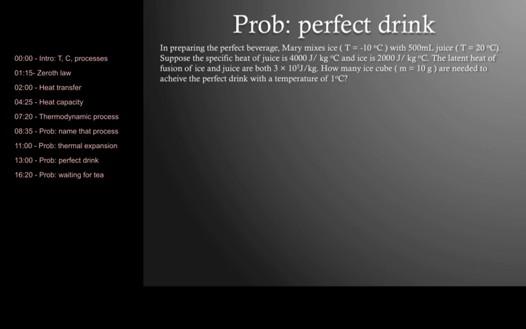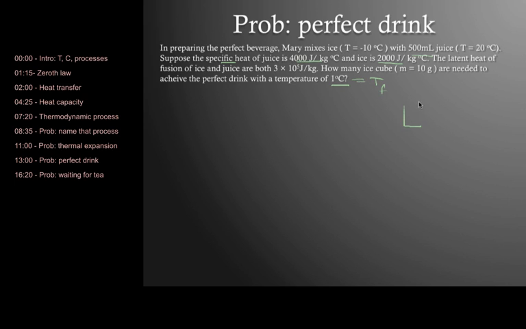So how can we make our perfect drink? Mary's going to mix some ice with some juice, and we wanted to end up at 1 degree Celsius. So this is our T final. So we have to keep track of all these different specific heats for the juice and for the ice, and we also have to think about how this ice is going to melt.